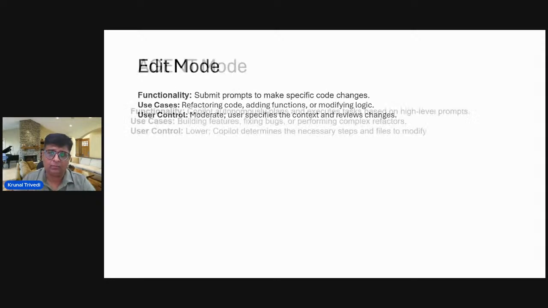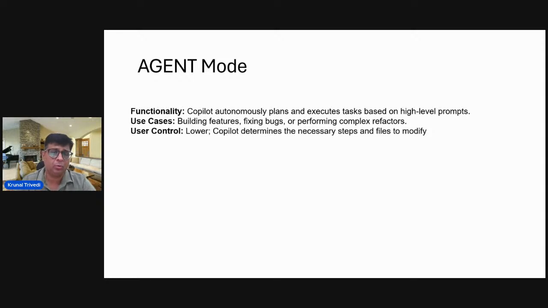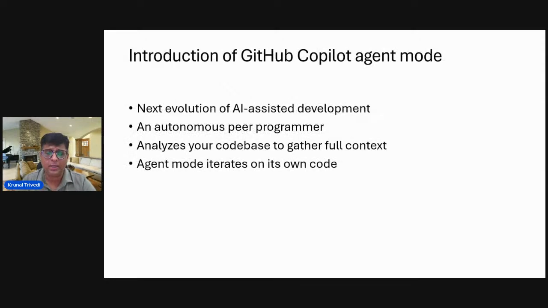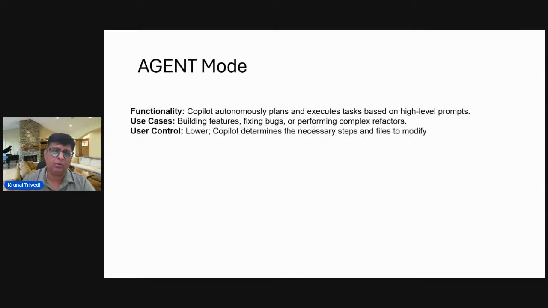And the last one, which is the new one, is the agent mode. Here it autonomously plans and executes tasks based on your prompt. Again, as you can see here, I have mentioned high level prompts. When we talk about high level prompts, that means you can be specific, but if you are not being specific, still it would be able to perform it.